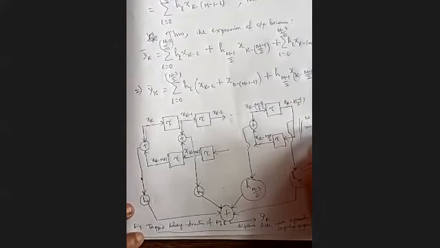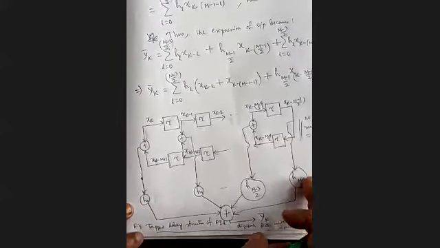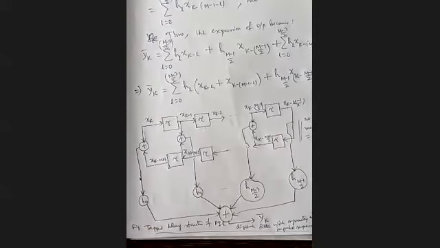And the number of multipliers is what here? Number of multipliers equals m plus 1 by 2: h0, h1, h2 up to, okay, m plus 1 by 2.